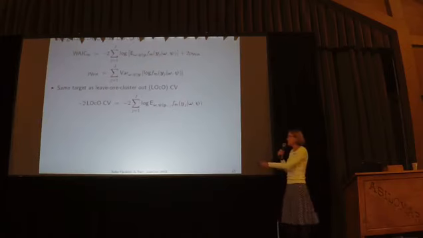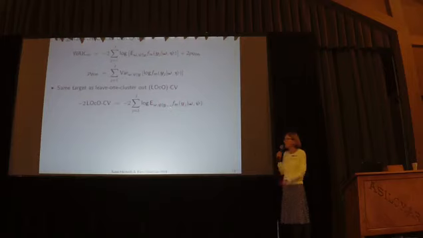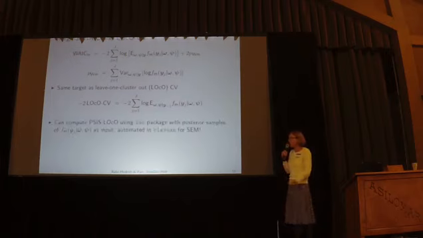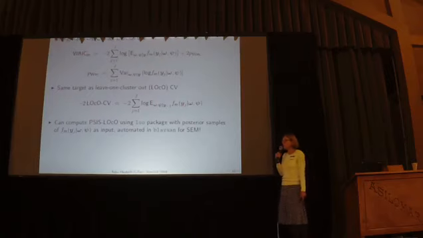So it's much closer to leaving the entire cluster out in the leave one out method. And so we call that LOCO, leave one cluster out, cross-validation. And this one we can compute also using the loo package, but we have to provide the marginal likelihoods, which can sometimes be difficult to do, but it's automated in blavaan now. You can ask blavaan to do it for you.